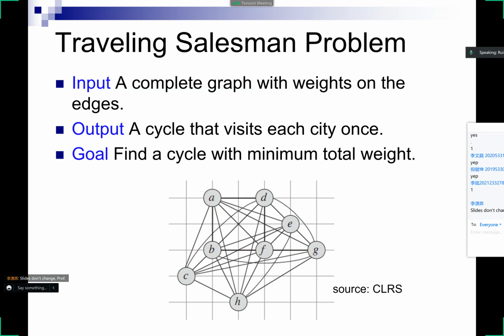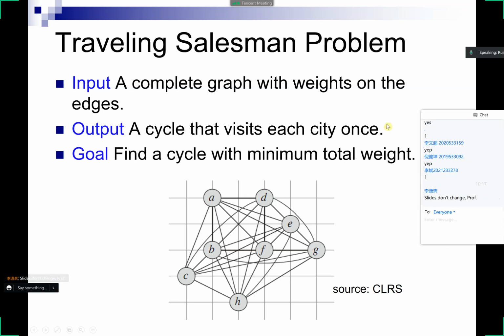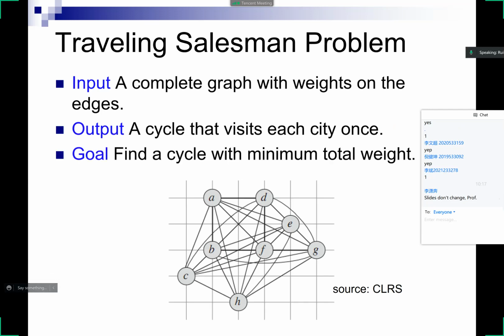Because all of these edges are weighted, so any cycle has a, oh, the slides are not changing. I see. I have 3 lines of text right here. Can you see the third line where I'm saying the goal is to find a cycle with minimum total weight?